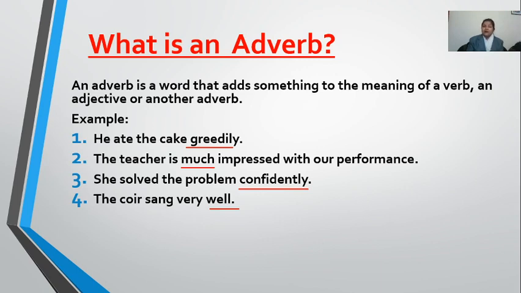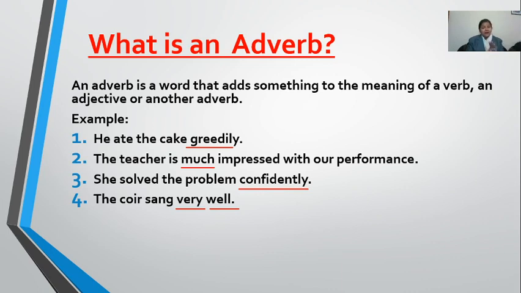How they sang? They sang well. And how well it was? Very well. So very is also adverb in this sentence. Here it means that one adverb is modifying another adverb in this sentence. So I hope it must be clear to everybody what is adverb.